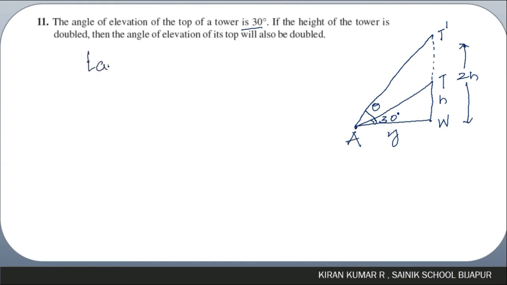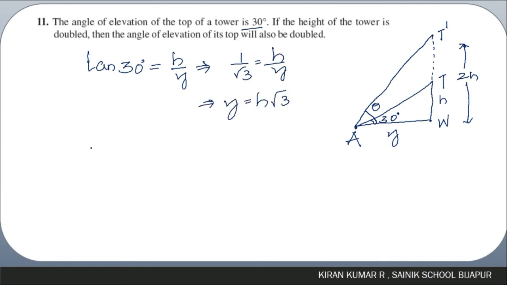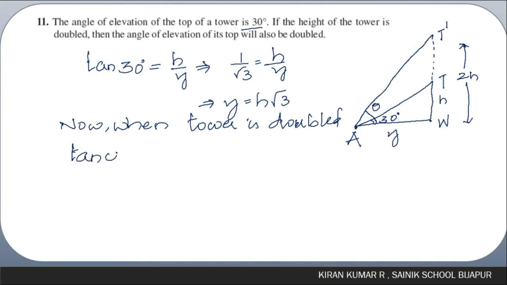According to this figure, tan of 30 degrees is opposite by adjacent, h by y. We get 1 upon root 3 as h by y. So y value is h times root 3. Now, when the tower is doubled, we get the relation with respect to theta.